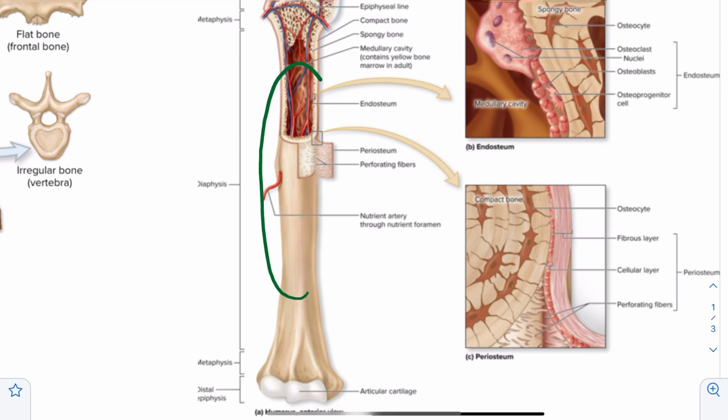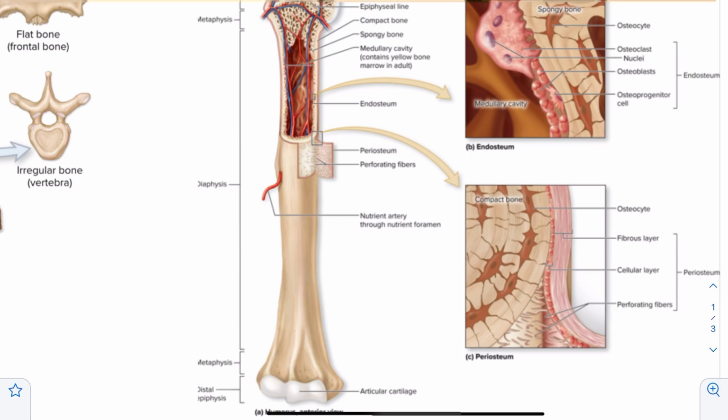This long part, the shaft of the bone, is called the diaphysis. Dia means through, so the diaphysis goes through the bone. And then the regions between the epiphysis and the diaphysis are called metaphyses. So one of them is a metaphysis. And meta means in the middle. So hopefully these names are pretty intuitive to you.